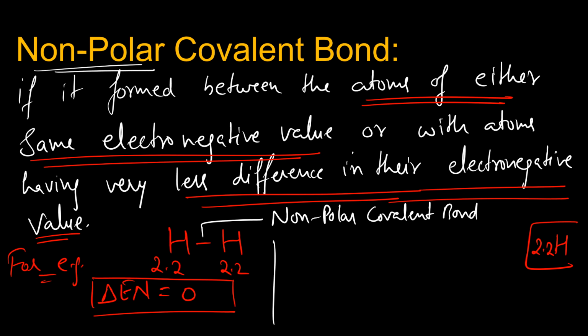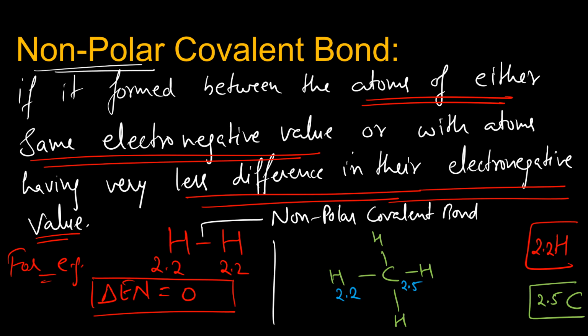Second thing, let's see one more example. If I have a methane molecule, you know methane is CH4, and here I have carbon and hydrogen. Let's check the electronegativity of carbon. The electronegativity value of carbon is 2.5, while the electronegativity value of hydrogen is 2.2. Let's check it for one bond, because it's going to be the same for the rest of the three.